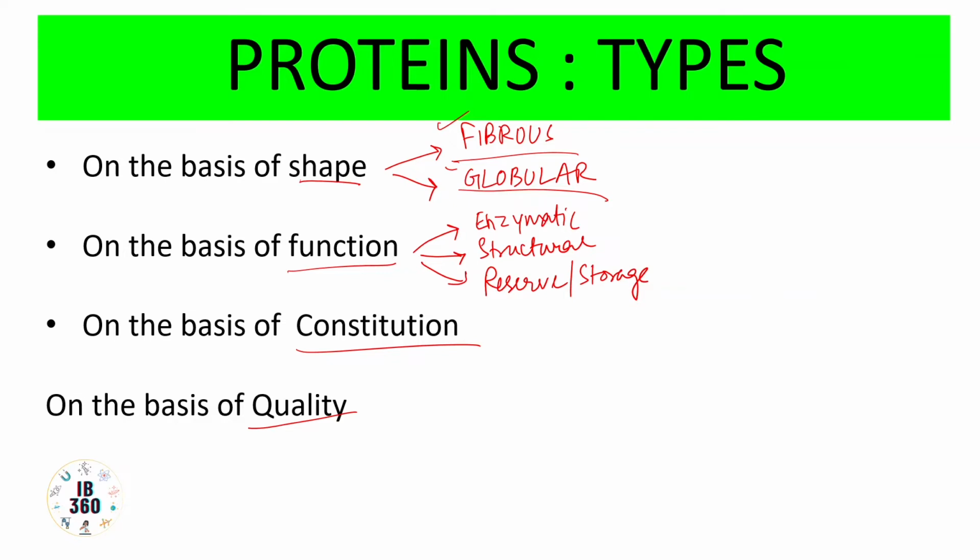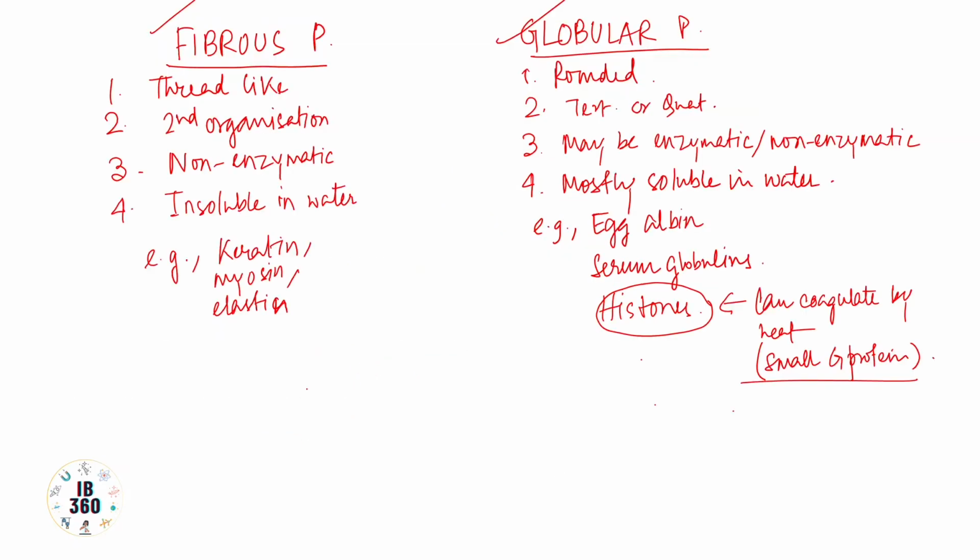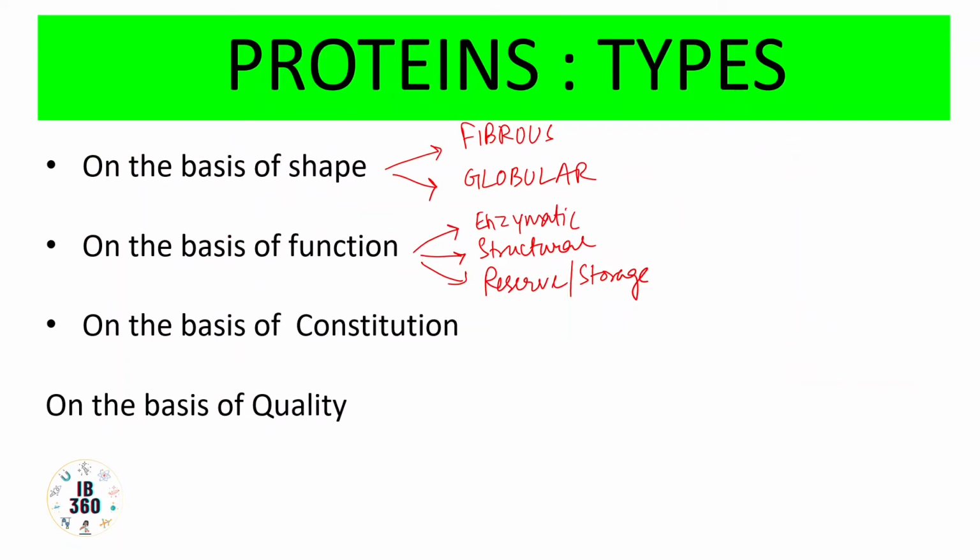If you remember, while I was differentiating globular and fibrous proteins, I mentioned that fibrous proteins are structural in nature, while globular proteins are mostly enzymatic in nature. So here is the other form of classification, that is on the basis of their function.